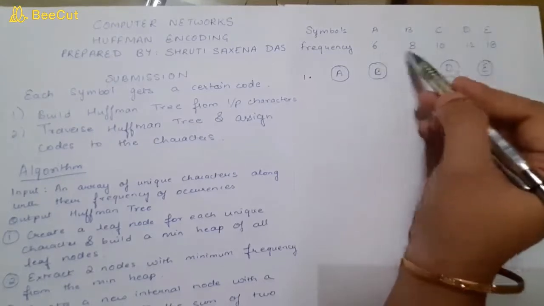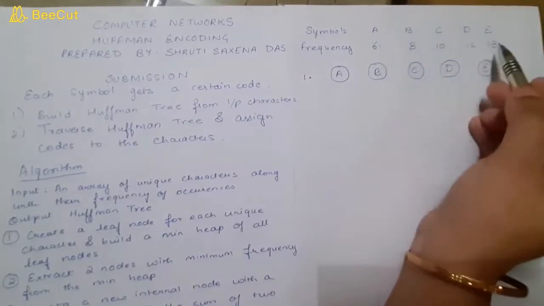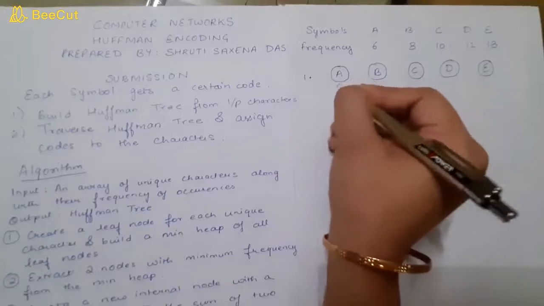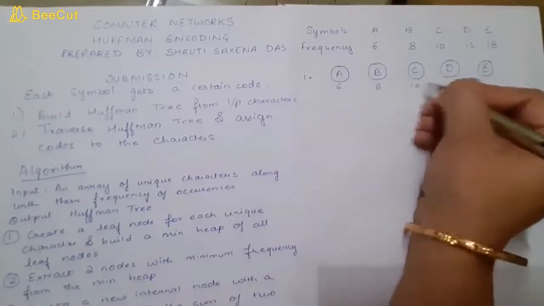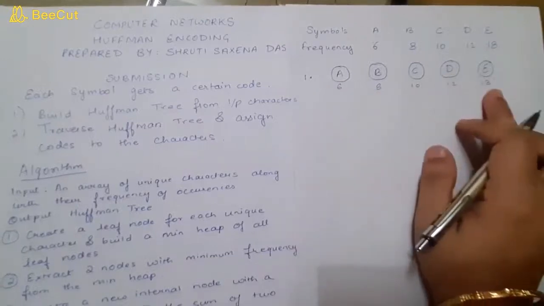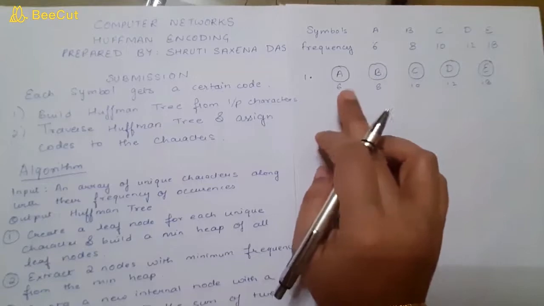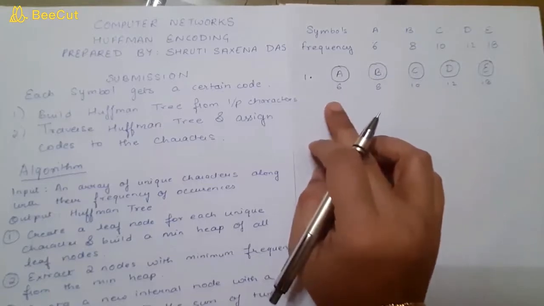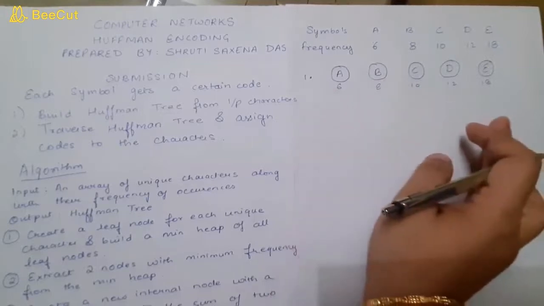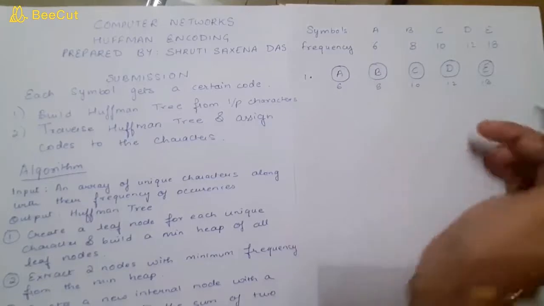So I have created a minimum heap like this: A, B, C, D, E. A is 6, B is 8, C is 10, 12 and 18. So this is the first step, in which each node represents the root of a tree with a single node, and secondly a minimum heap for all leaf nodes is created: 6, 8, 10, 12, 18.